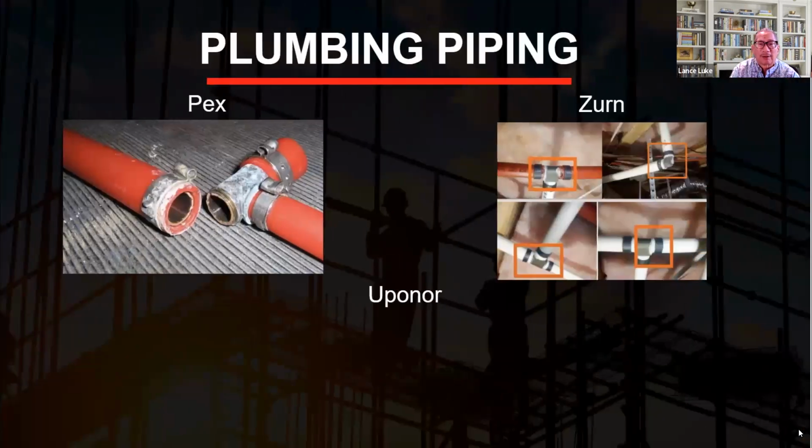Now, continuing on with plumbing piping, have you heard of PEX piping? There are different brand names, Uponor, Zurn, and what happened is the connectors are made out of zinc and brass. So you have two sections of plastic pipe you want to connect together. There's a metal connector made out of zinc and brass to connect the two sections of pipe together.